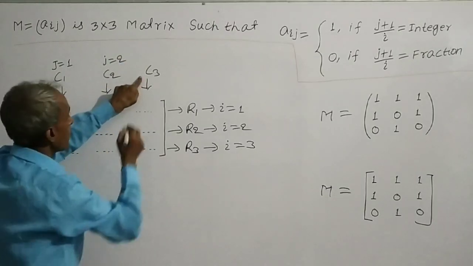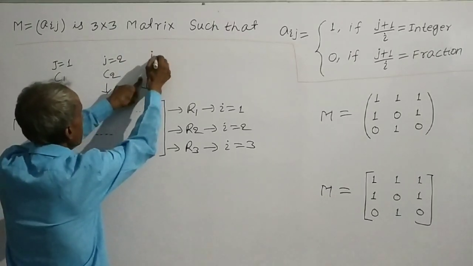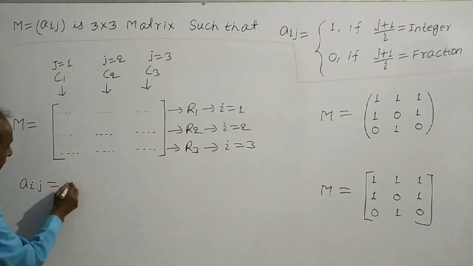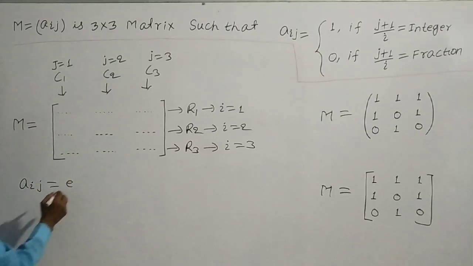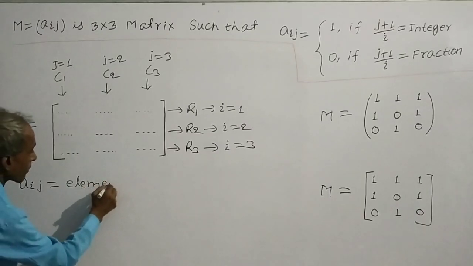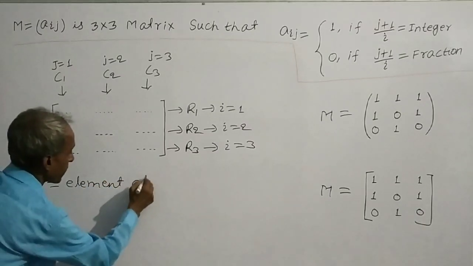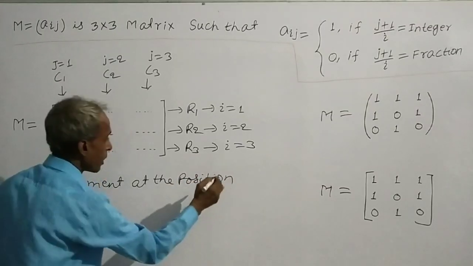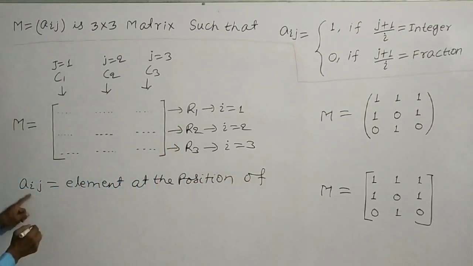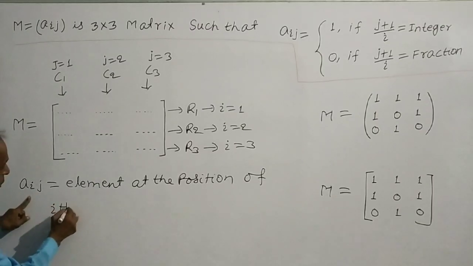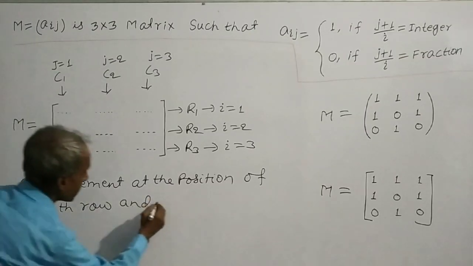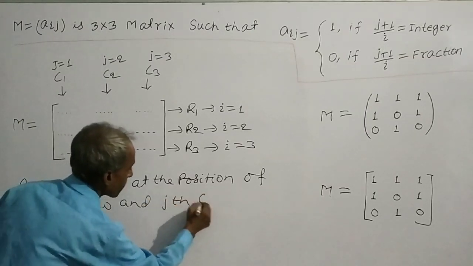For the third column, the value of j is 3. Aij means the element at the position of the ith row and jth column.